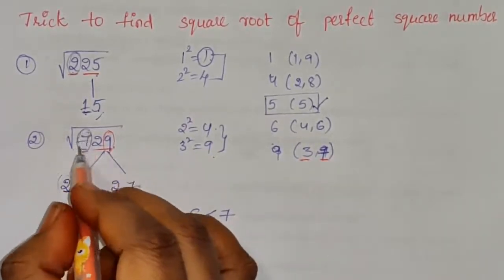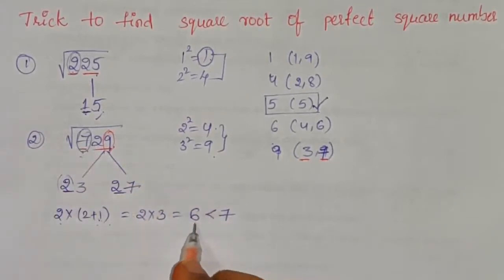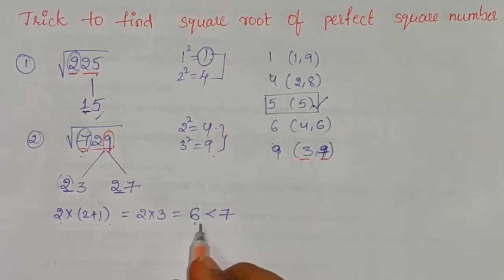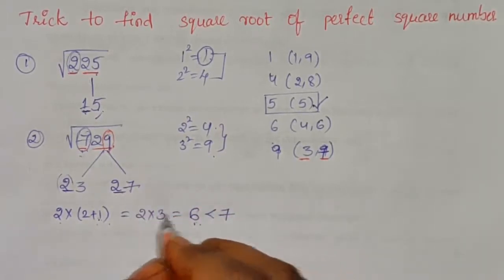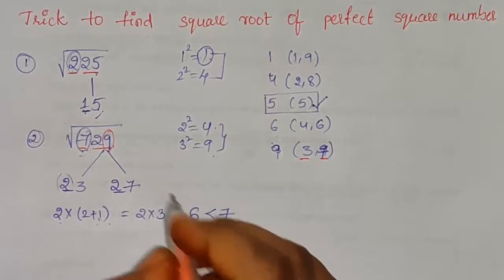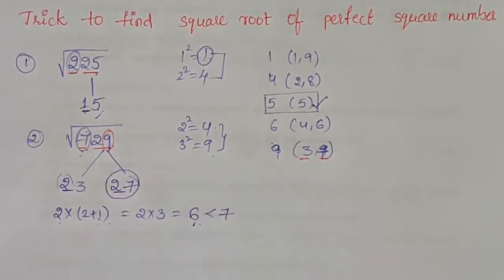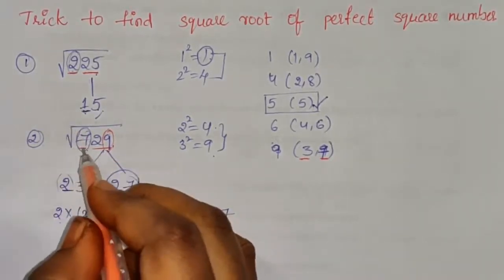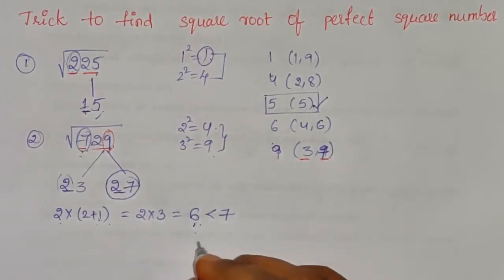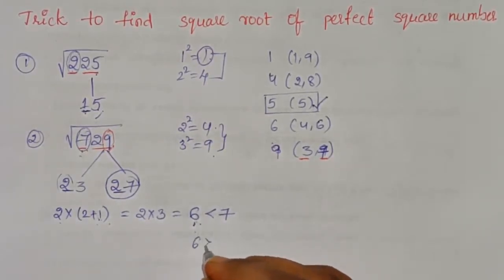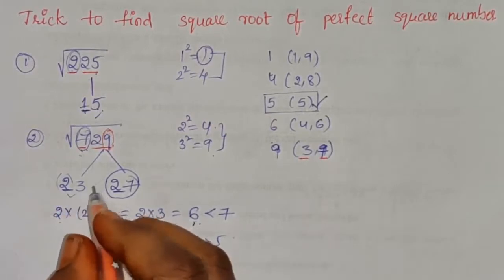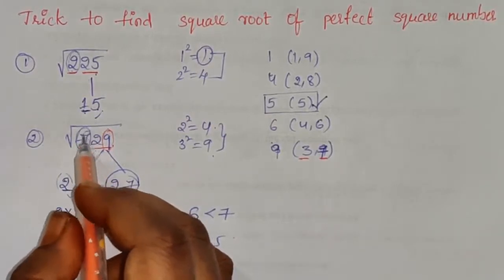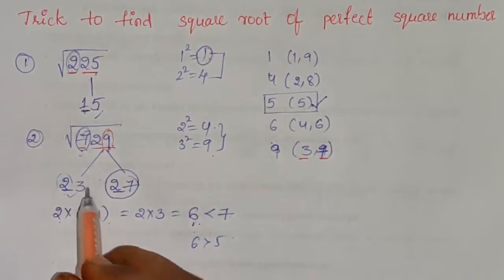Whatever the number here we are having, compare it with the result we got. The result which we are getting is smaller, so the answer is the larger one. If the number is 5, like this, 6 is greater than 5, right? Then 23 will be the answer, means 529. If you have 529, it will be 23.